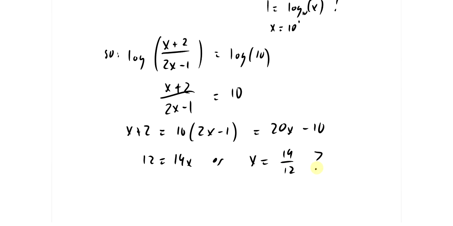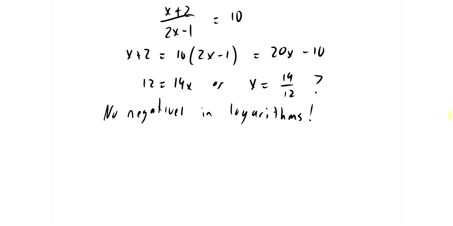Are we okay? Well, we have to be careful. No negatives in logarithms. That was the domain rule, right? Well, that's what a domain means. What can be put into my logarithm? Well, we can't put in any negative numbers. So if we plug in 19/12 into our original equation, do we get a negative number inside of a logarithm? Well, we get log of 19 over 12 plus 2 minus log of 2 times 19 over 12 minus 1 equals 1.